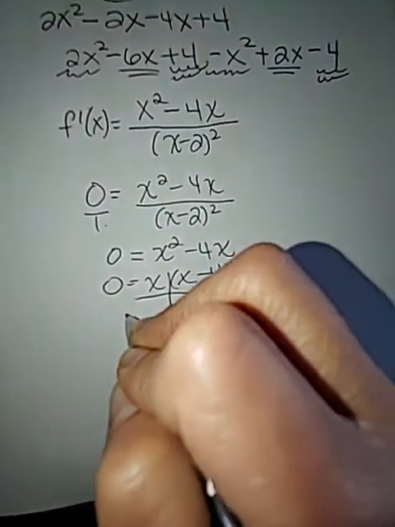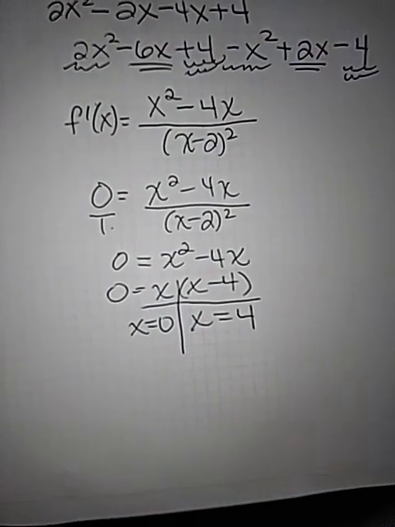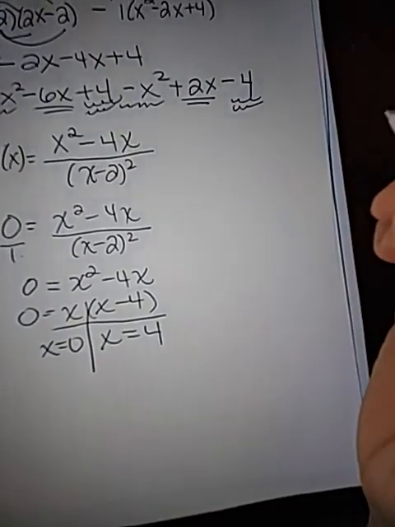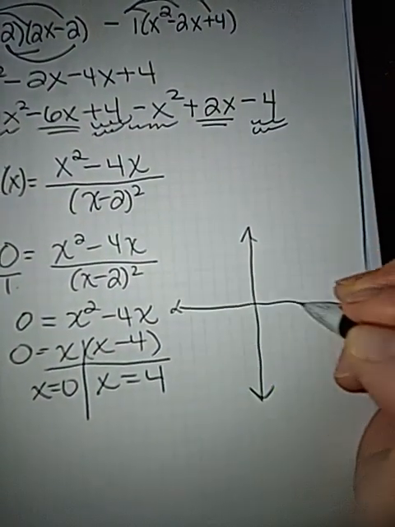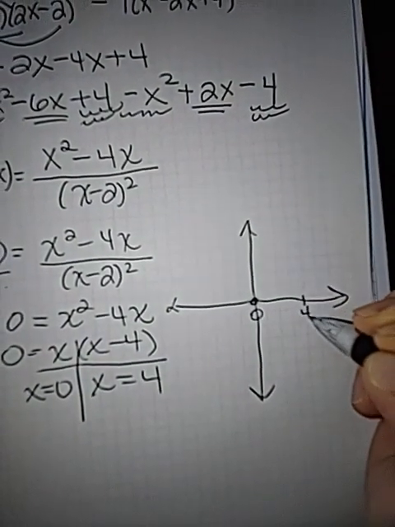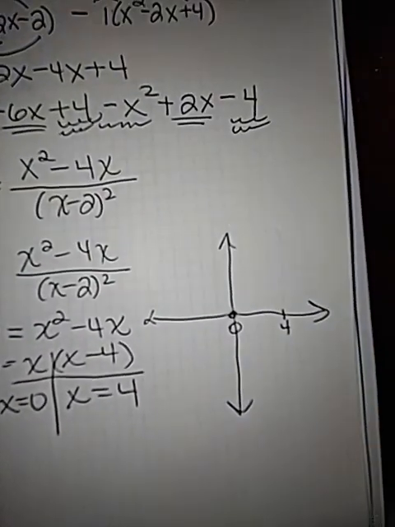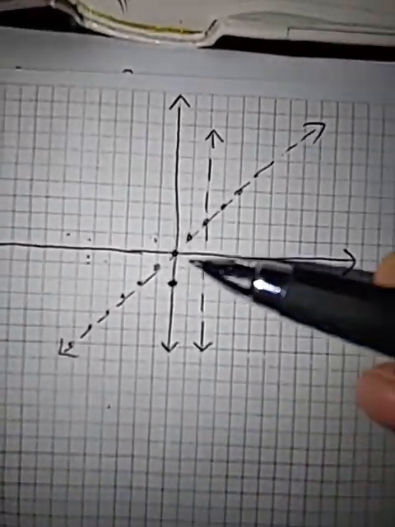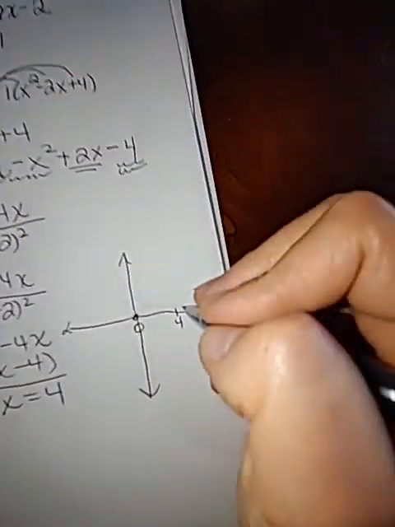So my two critical values are x equals 0 and x equals positive 4. All right, so now I have some special numbers to put on the number line. I have 0, 4, and also 2 as a special number, because that was my vertical asymptote.